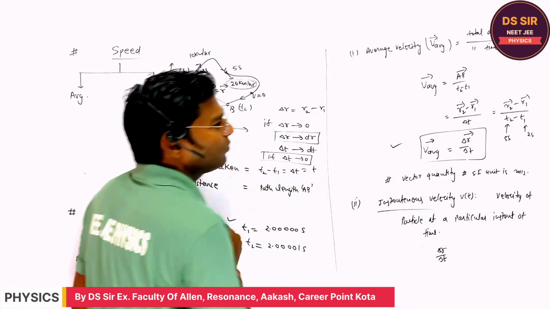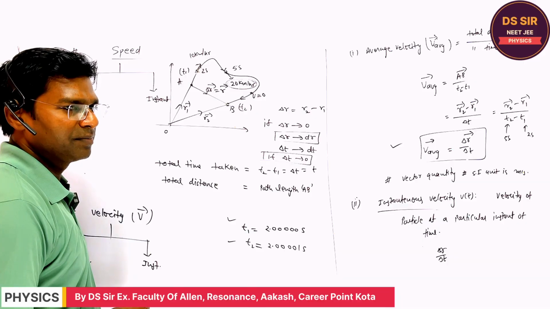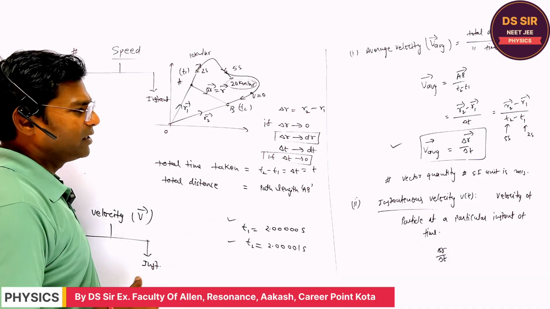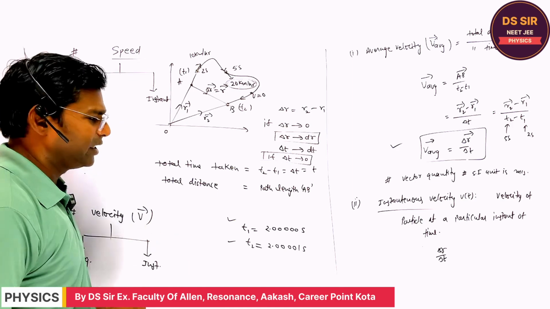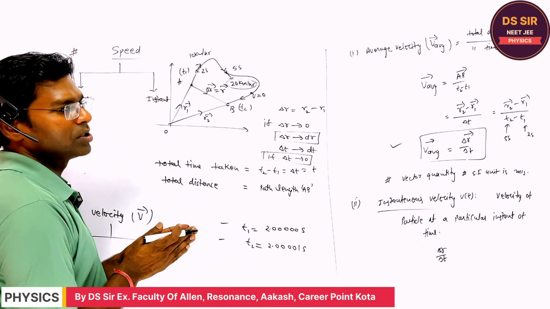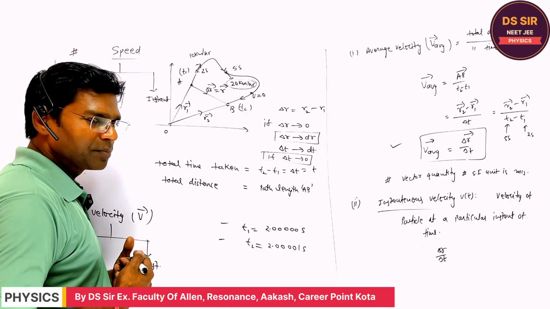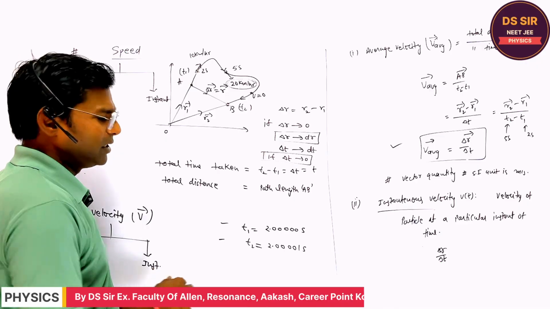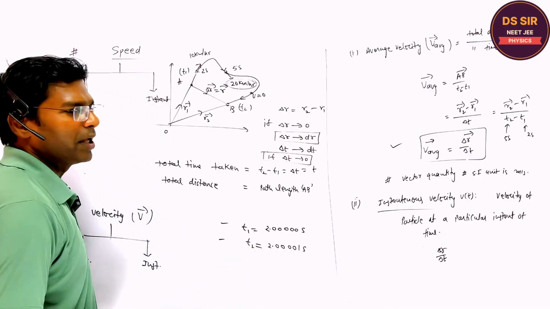Then we have to find the average. But for the instantaneous case, if you want to find the instantaneous velocity or instantaneous acceleration, t1 and t2 are very close to each other. That is, just after a microsecond or a millisecond, the t2 time occurs.